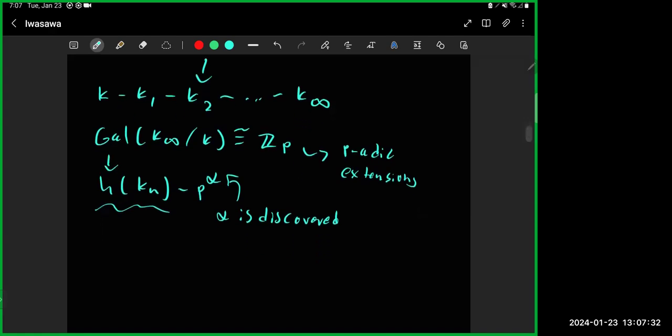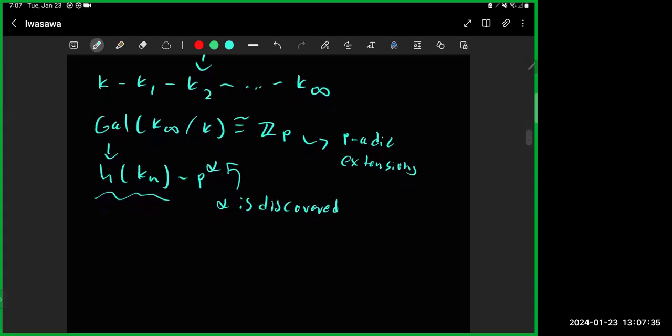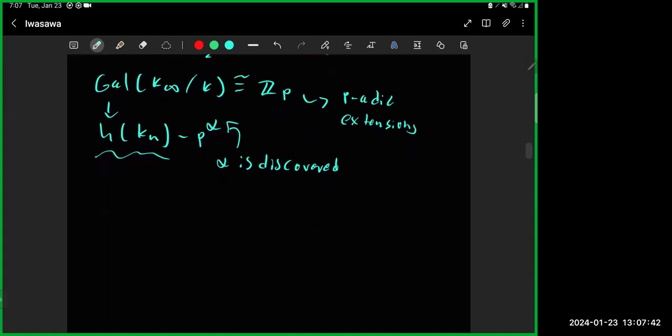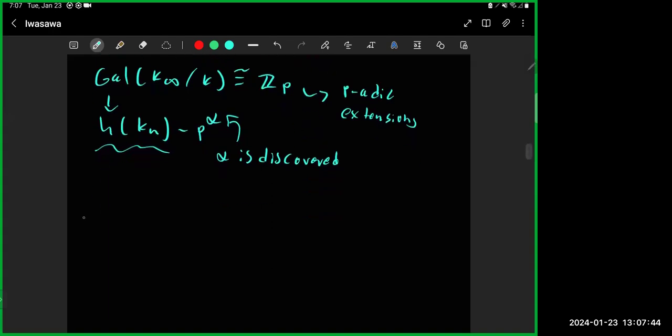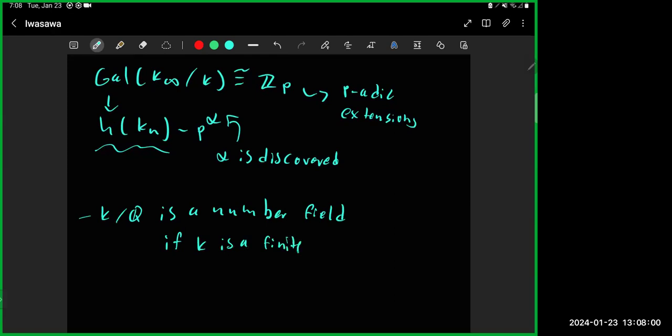So to get started, first of all, we have some historical results about how this class number works and what it even is. To define some concepts, we say that K over Q is a number field if K is a finite extension of the rationals.